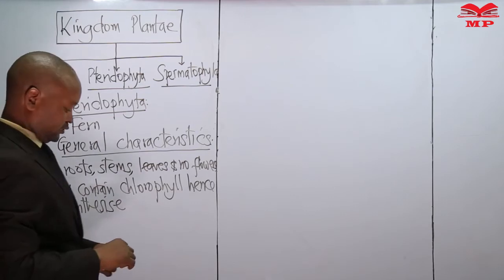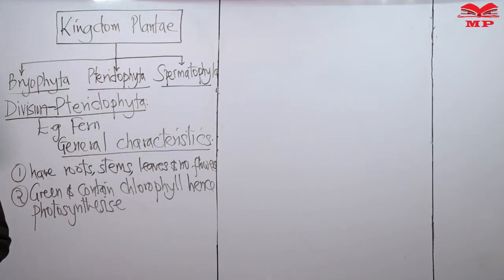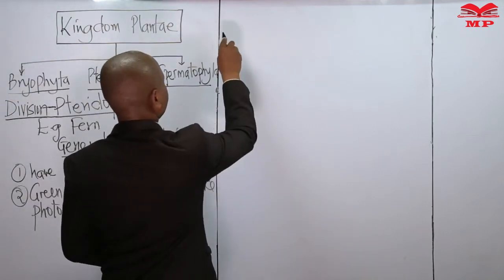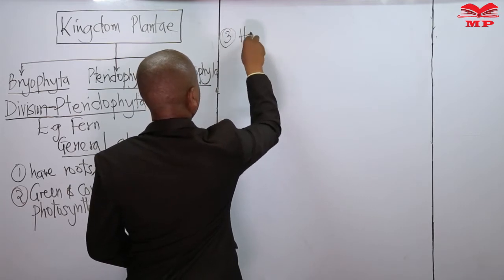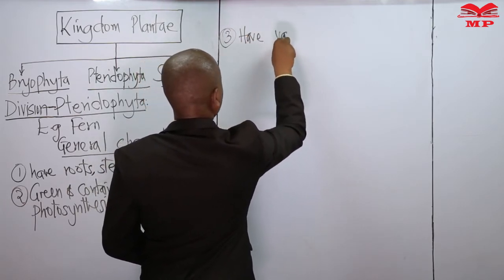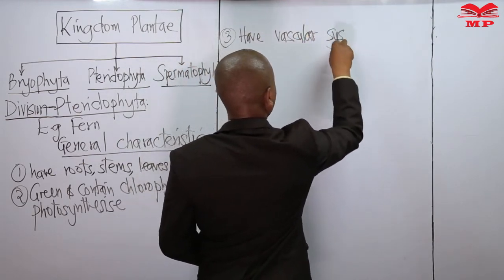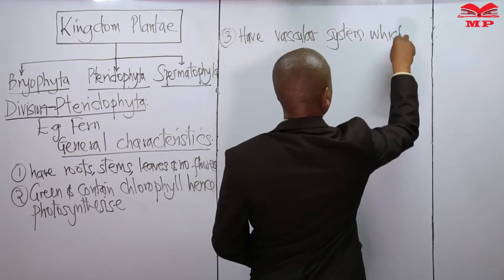So they produce their own food materials. So they photosynthesize. Then they have a well-defined vascular system. What do we mean by well-defined?